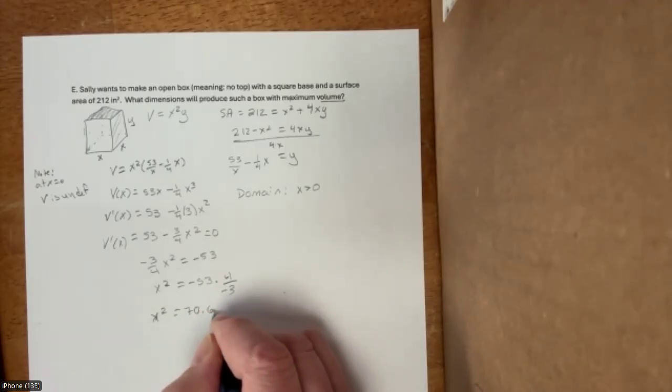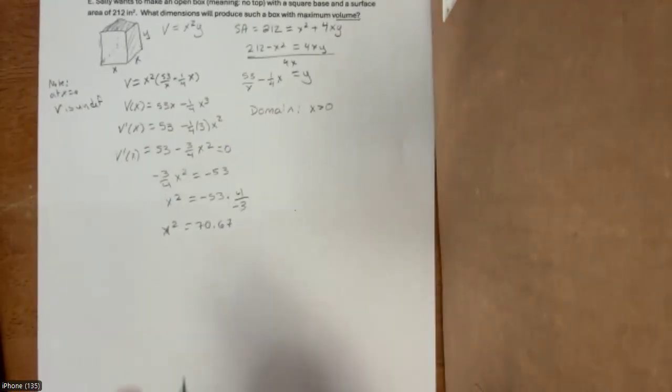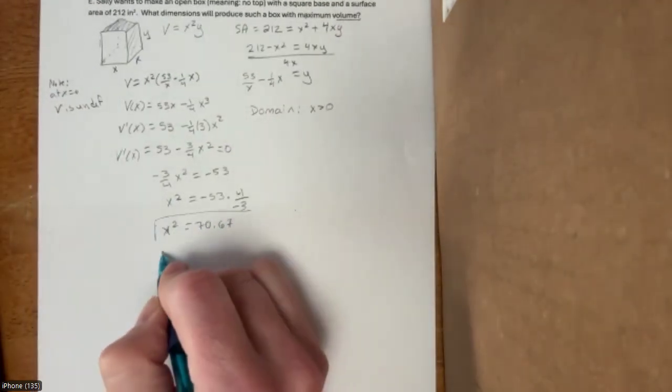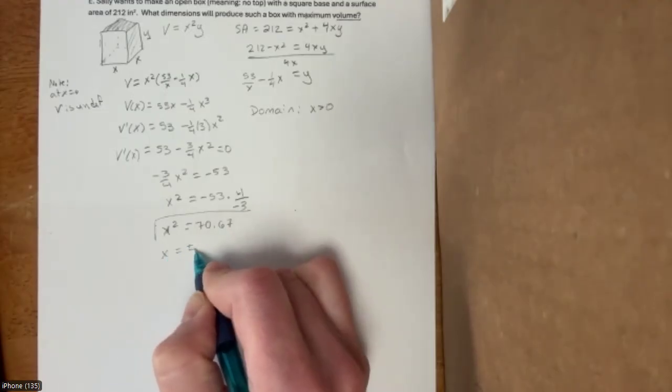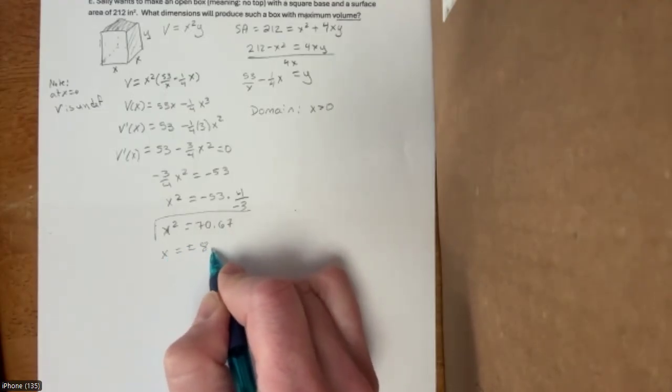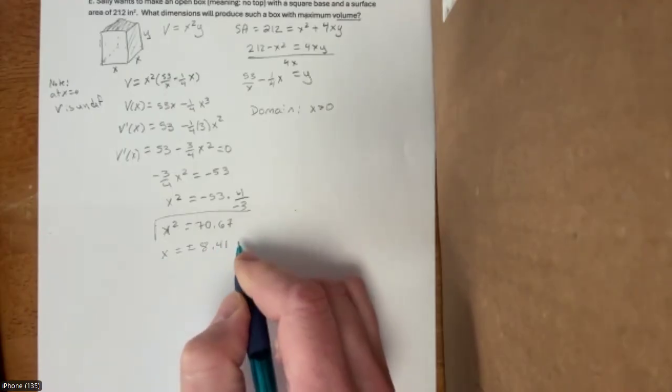So I put that into my calculator and rounded. And then we want to take the square root. So x is equal to plus or minus, because we took the square root of a square, 8.41.